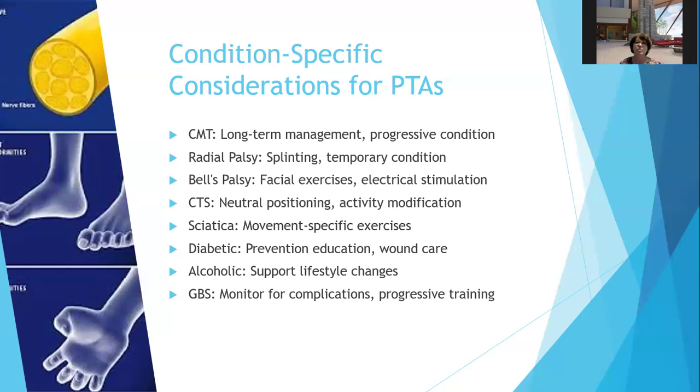Diabetic polyneuropathy, prevention education, and wound care, and education about inspecting feet and areas where you can't see. Alcoholic polyneuropathy, being supportive of lifestyle changes, and Guillain-Barré, monitoring for complications and progressive training.